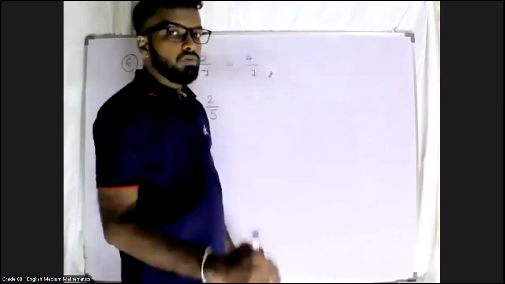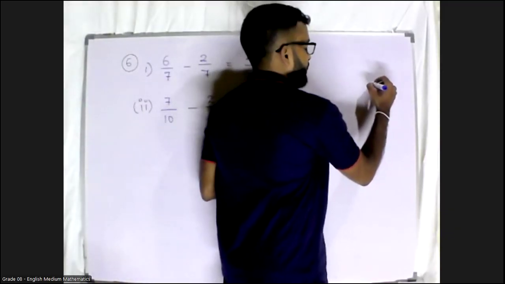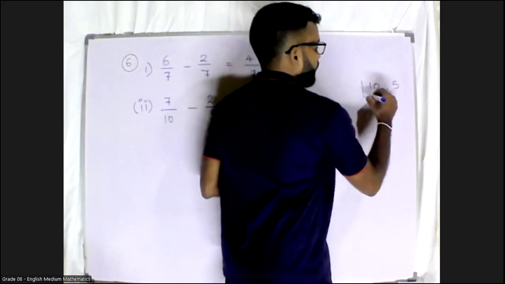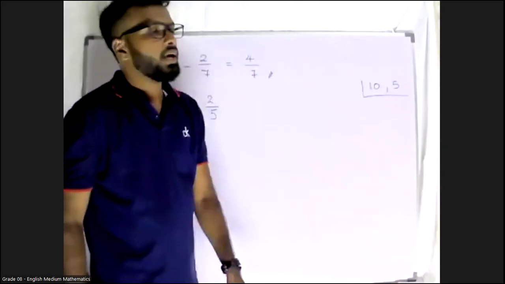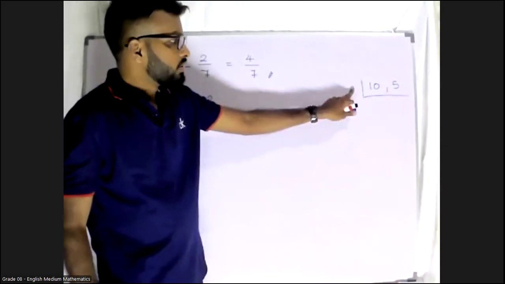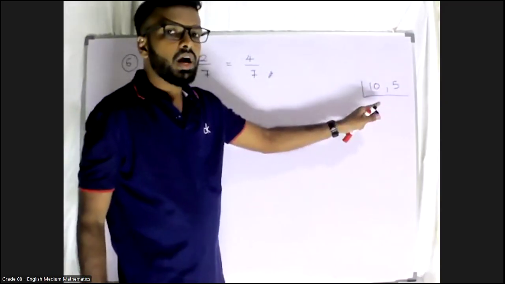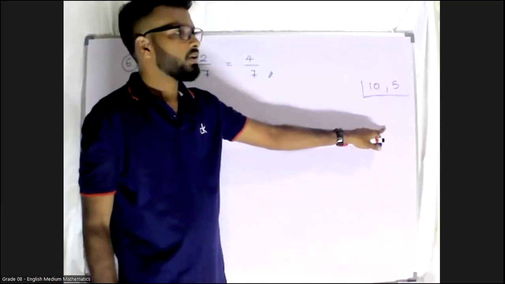So how do you find the LCM? This is the way to find LCM. These are the two numbers that you have, and you need to divide both numbers until you get 1 and 1 at the last step.